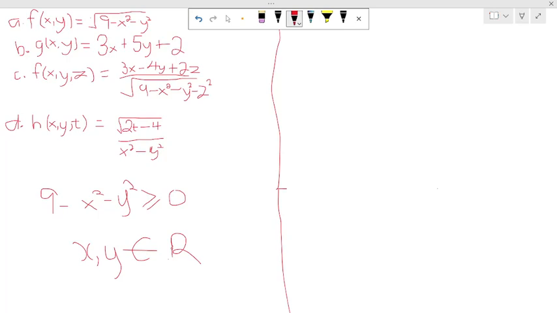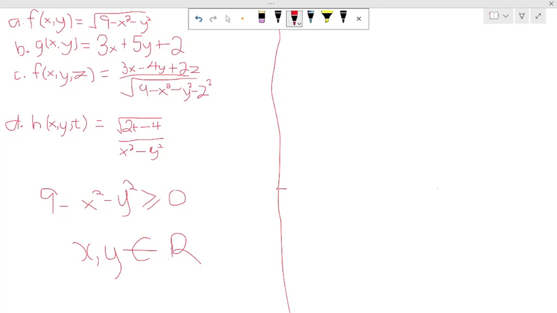Now with the third example, we have three different variables. For this function to be defined, we have two conditions. The first condition is that the denominator cannot be equal to 0, because if the denominator is equal to 0, then we are going to get infinity, which is outside the set of real numbers.